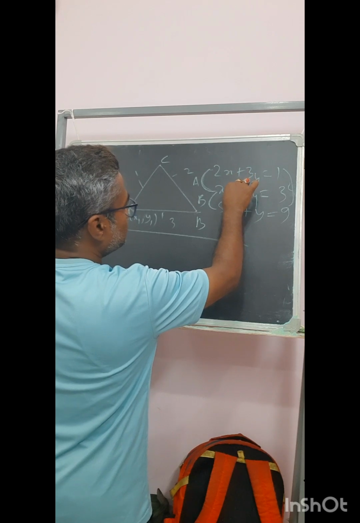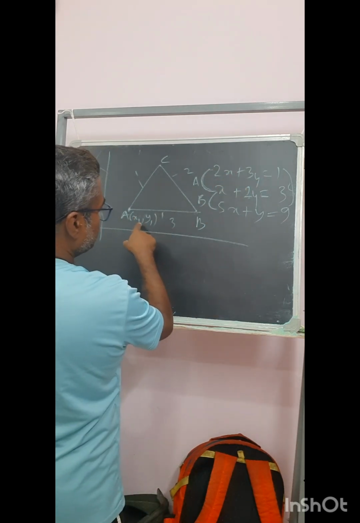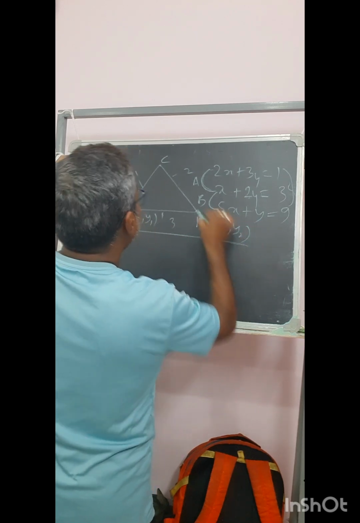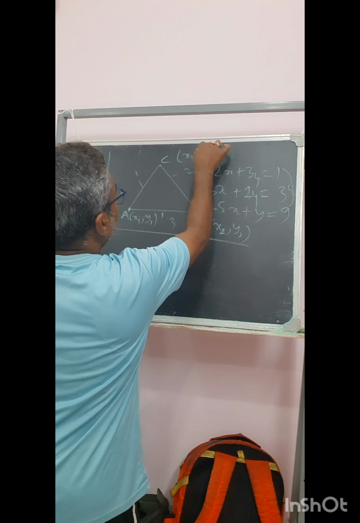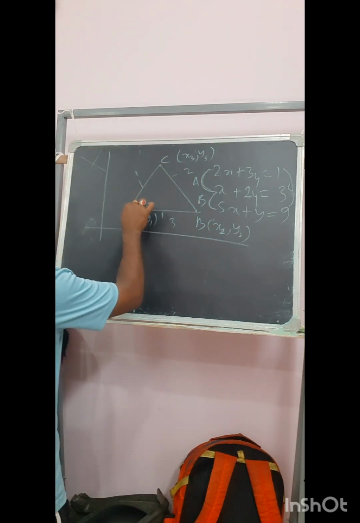Solving these together, I will get one set of x and y values. I am naming it x1 y1, then x2 y2, and the third one is x3 y3. So if I can get this, I can definitely get the area.